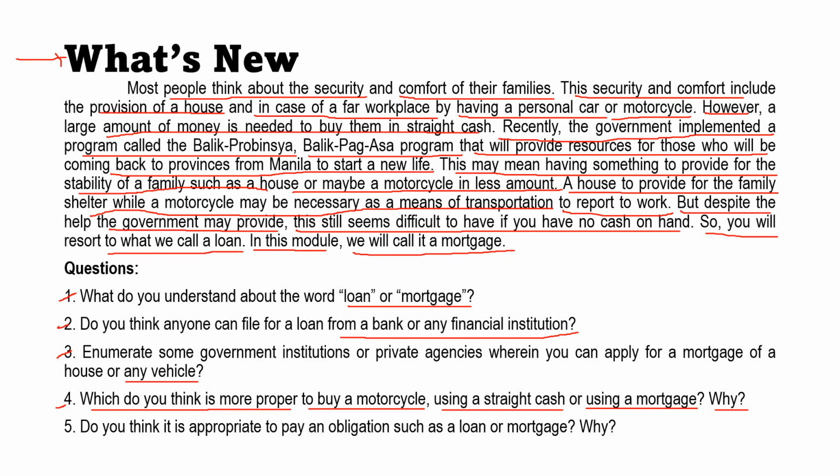And for number five, do you think it is appropriate to pay an obligation such as a loan or mortgage? Why? Yes, it is necessary and appropriate to pay back the loan or mortgage that you applied for.